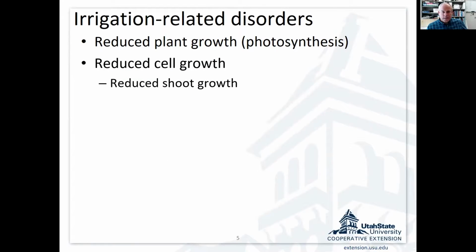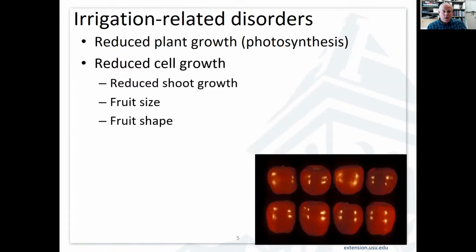The second is reduced cell growth, and the cells can be in the shoot so that you get reduced shoot growth, but it also affects fruit size and fruit shape. In the development of fruit, here we have pictures of apples, but apples or cherries or peaches or any of the fruit crops of interest, the cell division that happens in that fruit is usually very early in the season.